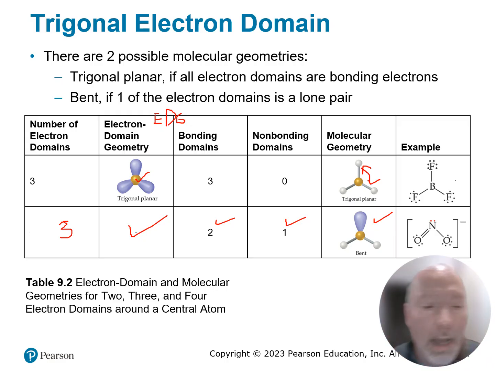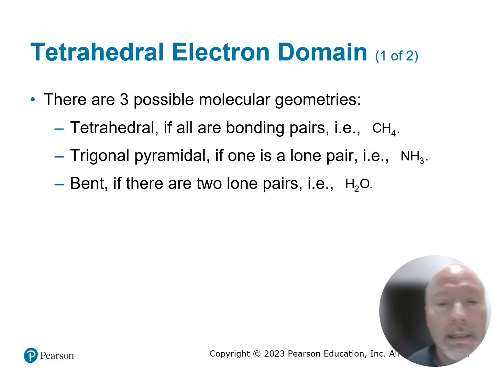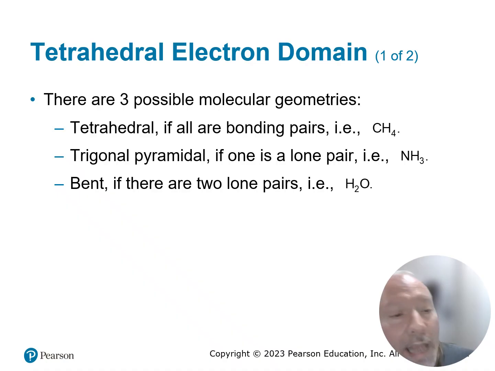Okay, so let's look at others that have 3, 4, 5, and 6. We just looked at the one that has three electron domains. We have the possibility of tetrahedral as well, where there's four electron domains.